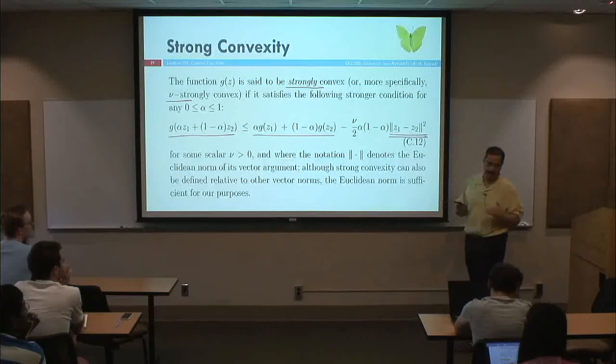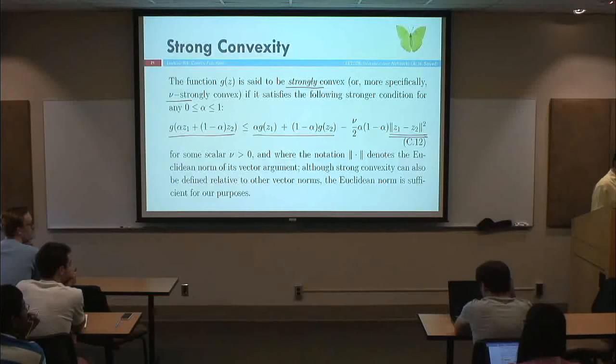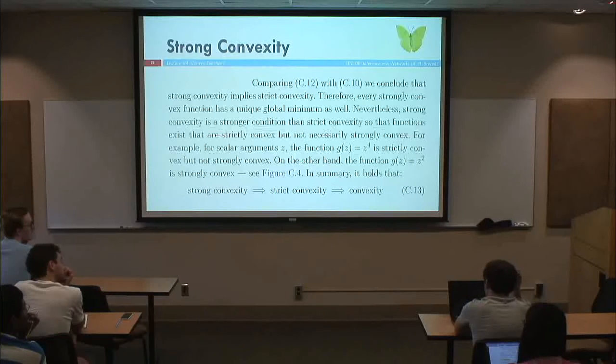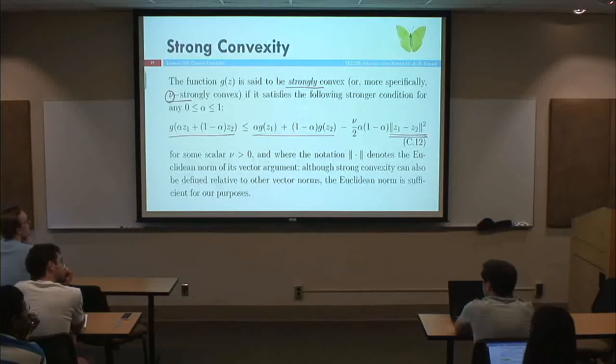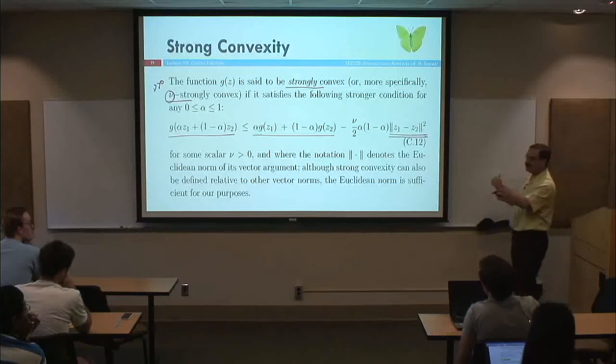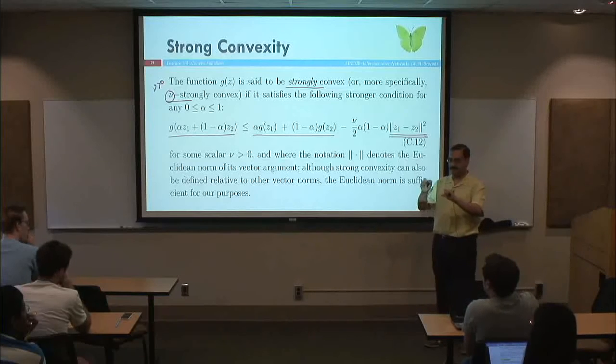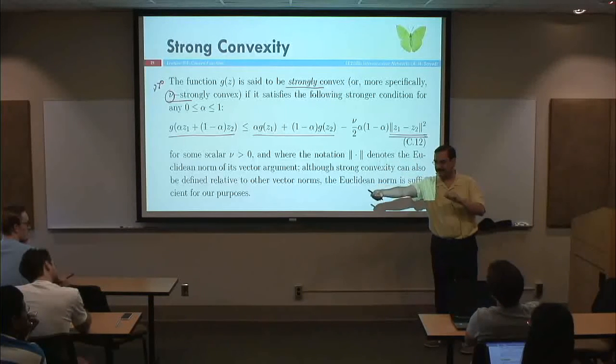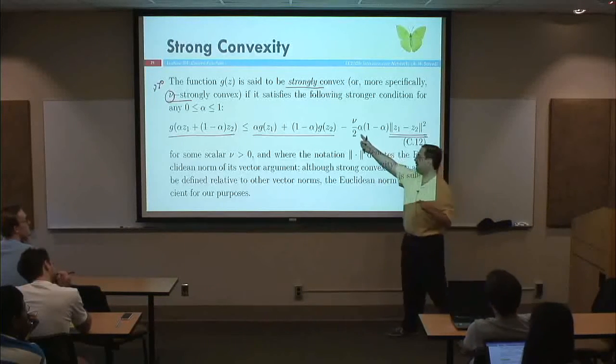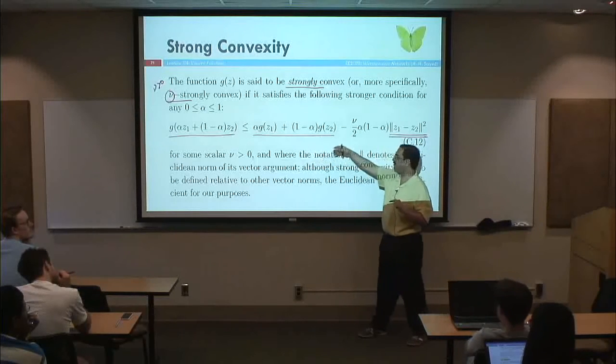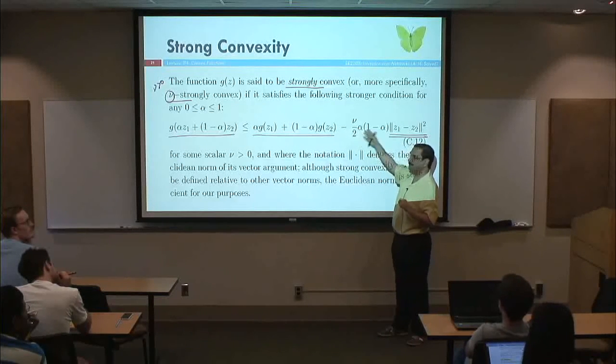Let's see what this implies. And I'll give you examples again. So you can see that this nu is a positive number. So if a function is strongly convex, it is necessarily strictly convex, because for Z1 different from Z2, you are subtracting something positive here.